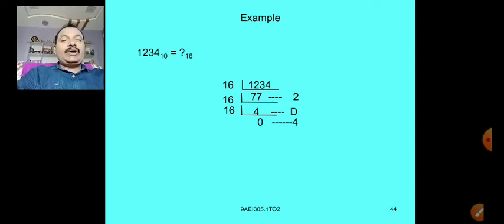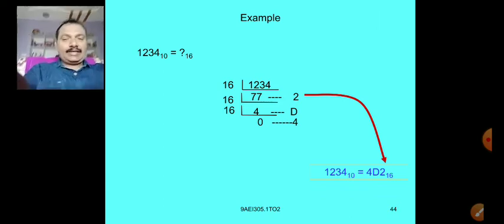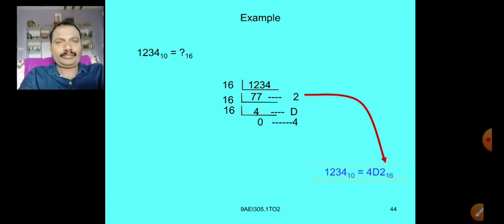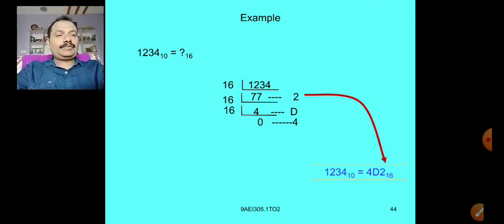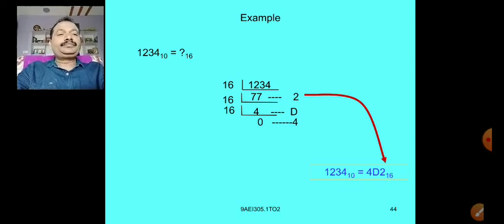So like this you have to do. And write the numbers like this: 1234 decimal is equivalent to 4D2 hexadecimal number. So this is the conversion.